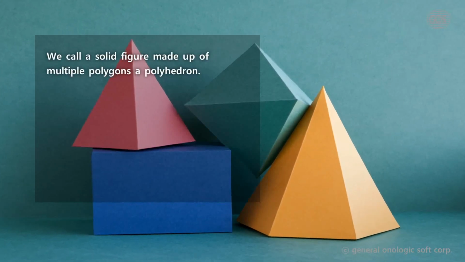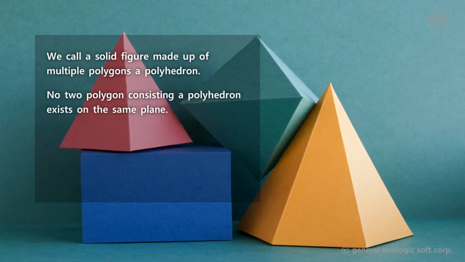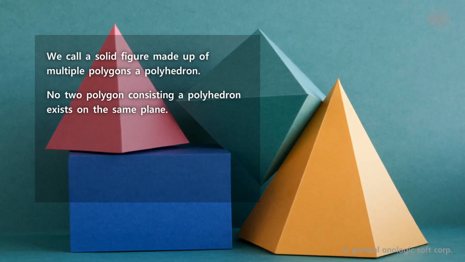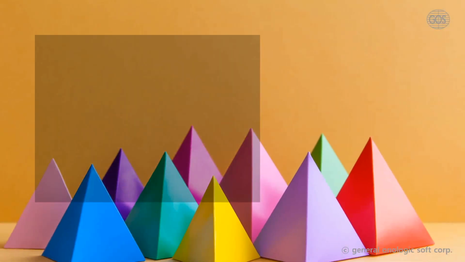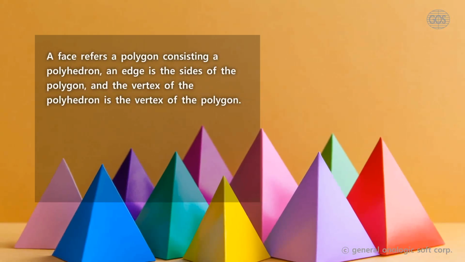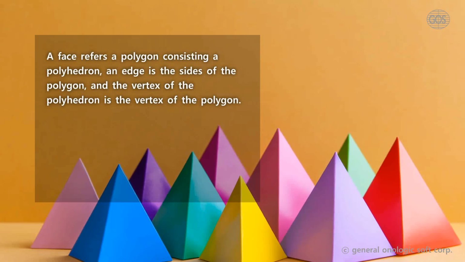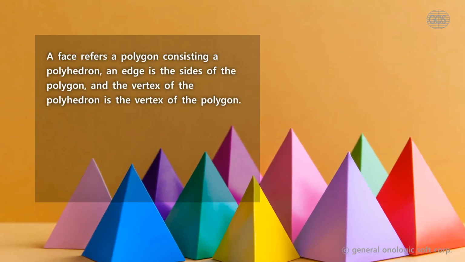We call a solid figure made up of multiple polygons a polyhedron. No two polygons consisting a polyhedron exist on the same plane. A face refers to a polygon consisting a polyhedron, an edge is a side of the polygon, and the vertex of the polyhedron is the vertex of the polygon.